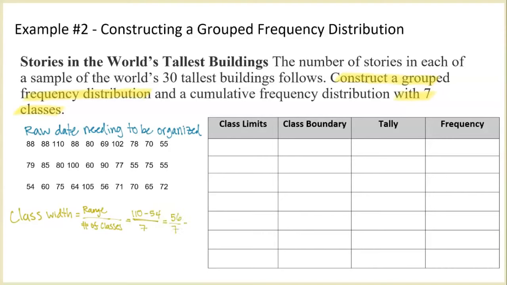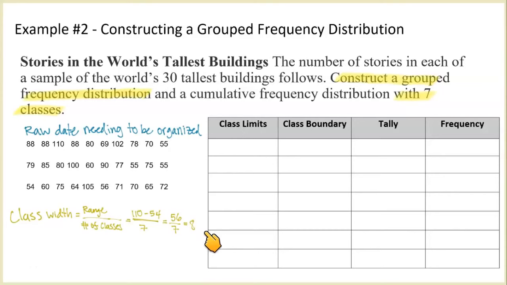In the problem, it's telling us to use 7 classes. So we have a spread of 56 stories, and we want to divide that spread across 7 different classes we're going to create. That value is 8. But anytime we construct a grouped frequency distribution, we always have to round this value up to the next whole number.